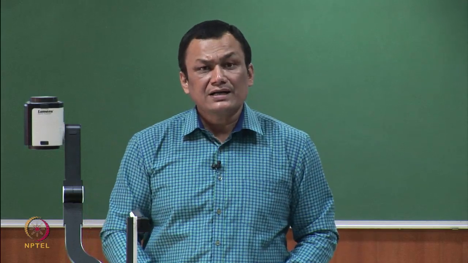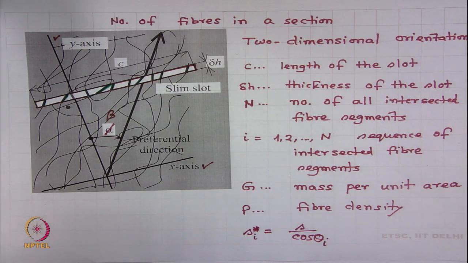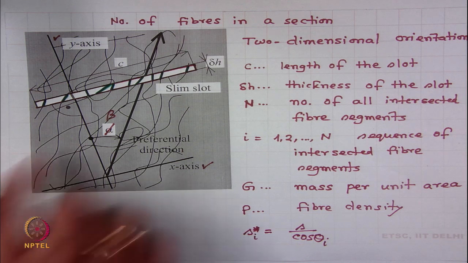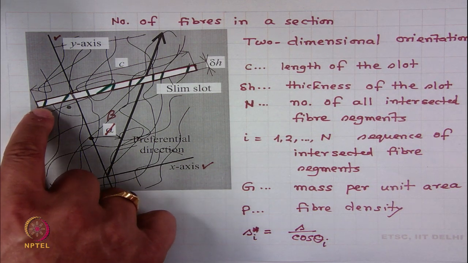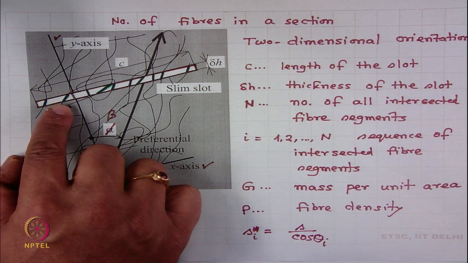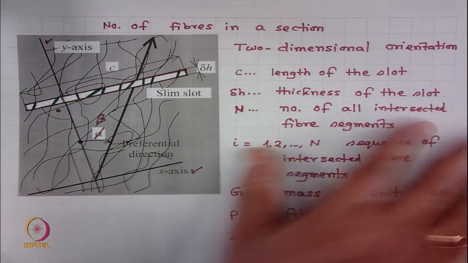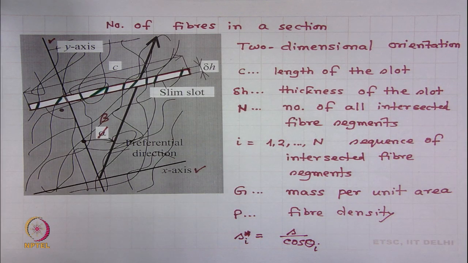What is the mass of the ith fiber segment? Can you tell us? Suppose this is the first fiber segment, what is the mass of this segment? This is the second fiber segment, what is the mass of this one? Likewise, there are many fiber segments which are colored by green. How to find that theoretically?